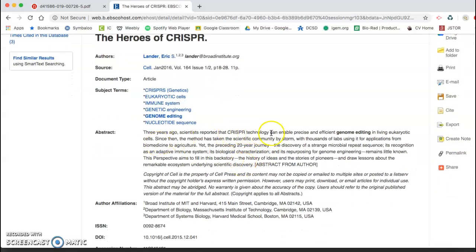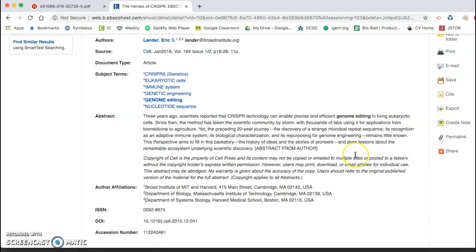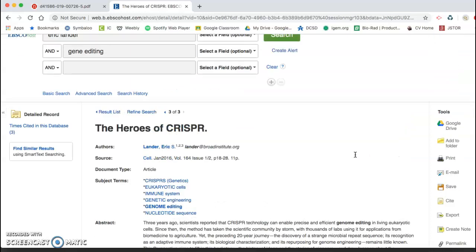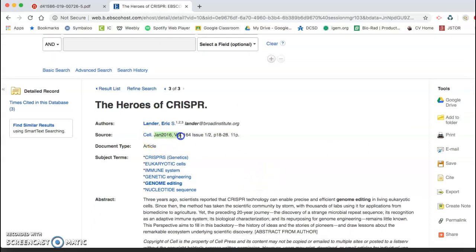Three years ago, scientists reported CRISPR technology can enable precise and efficient genome editing. Interesting. So it looks like Eric Lander had originally written something about the heroes of CRISPR, which I find intriguing. So I'm going to go through and just highlight this portion. So it's coming from Cell magazine. It's a quality journal that it looks like Lander wrote in 2016. And let's just search that.